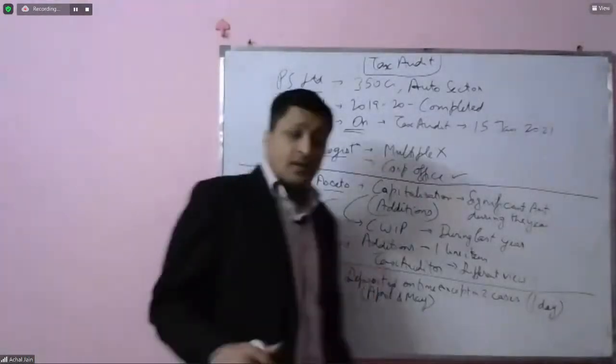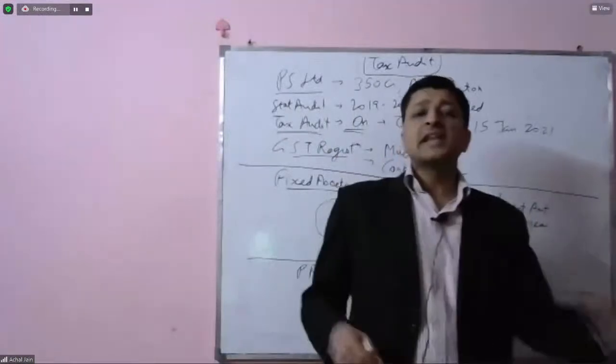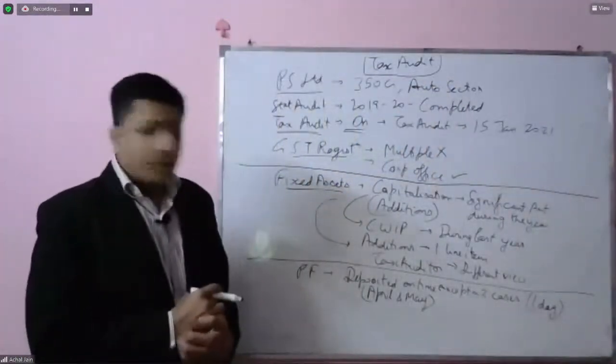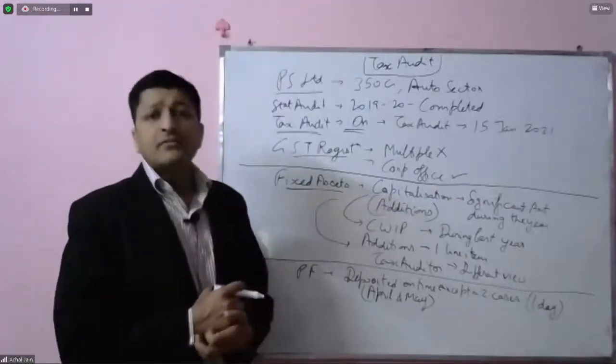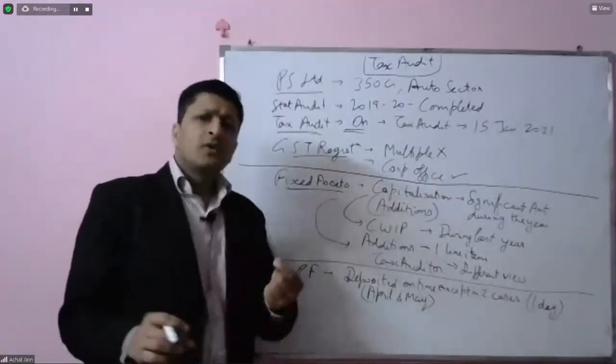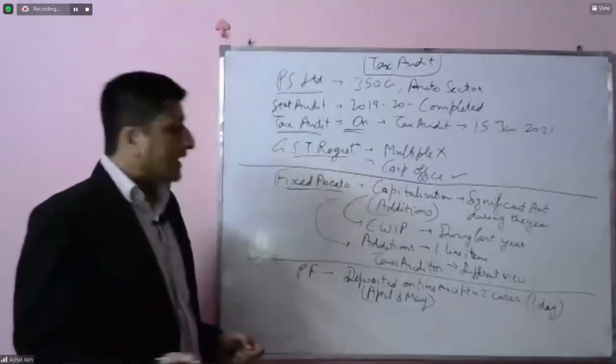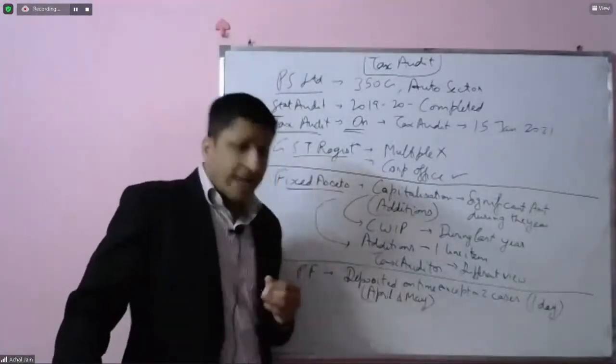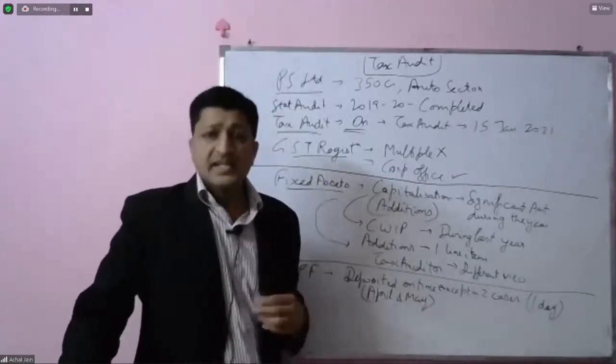Now the management doesn't want to bring out this delay in Form 3CD. And the management wants that the date of deposit should be shown as 1 day earlier by the management itself in Form 3CD. And there's a genuine reason behind this. Let's understand the reason.